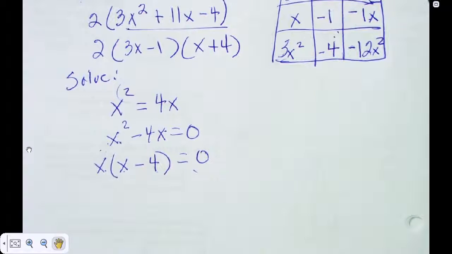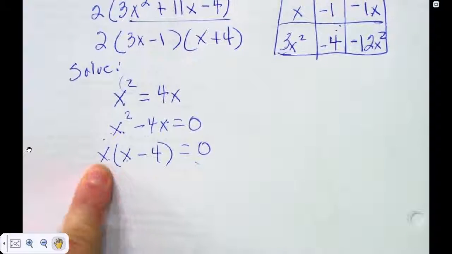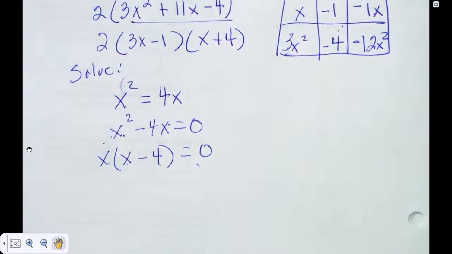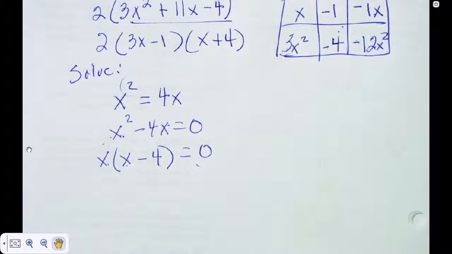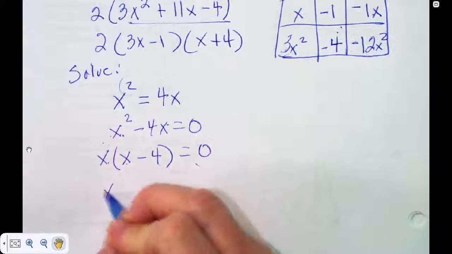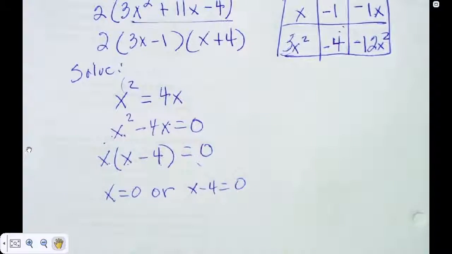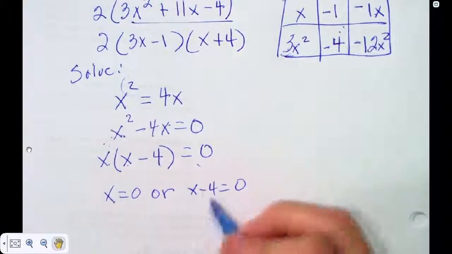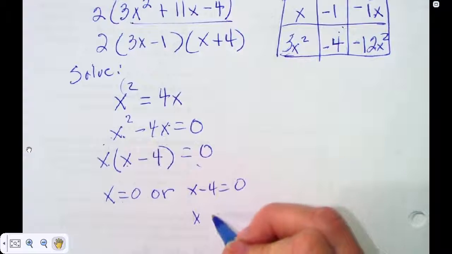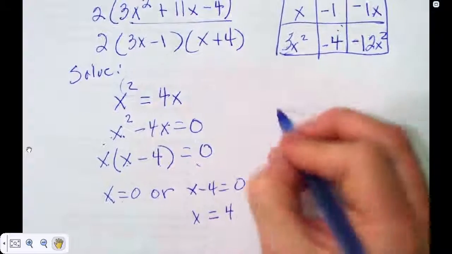The only time you use a big box, guys, is when you have a trinomial that you're trying to factor into binomials. That's a monomial times a binomial. We're done. We're at the good part. X equals 0 or x minus 4 equals 0. So x is 0 or x is 4.